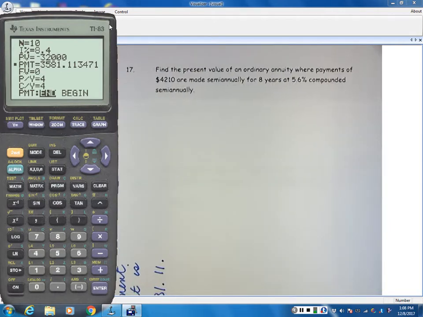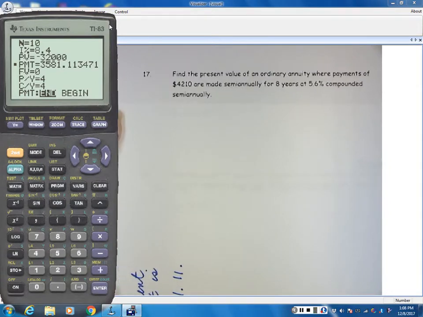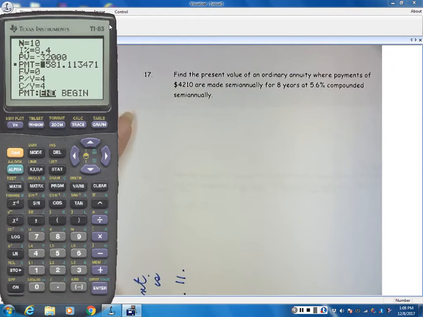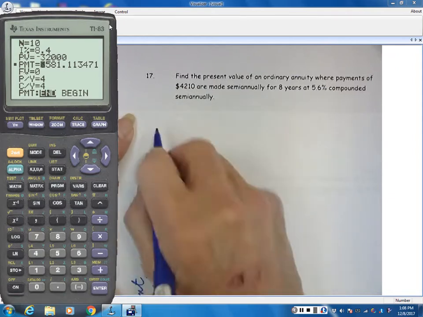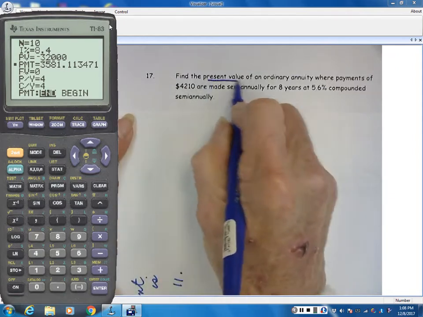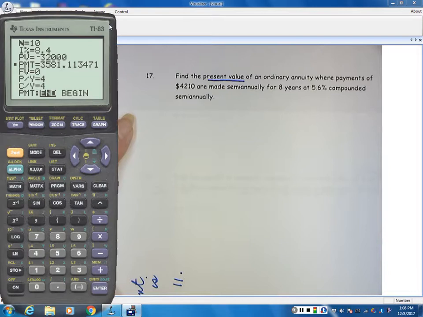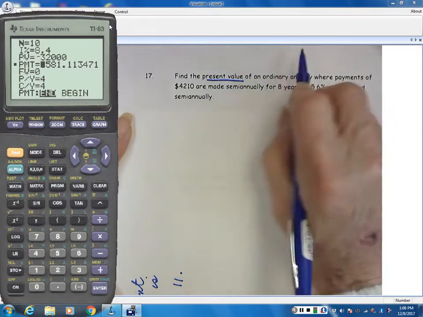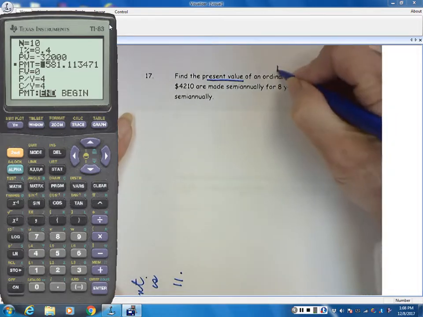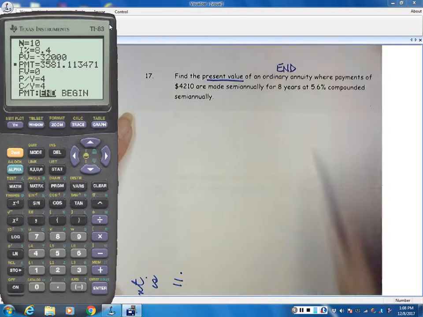Number 17 says find the present value of an ordinary annuity. And the ordinary annuity means that your payments are going to be made at the end of each payment period.